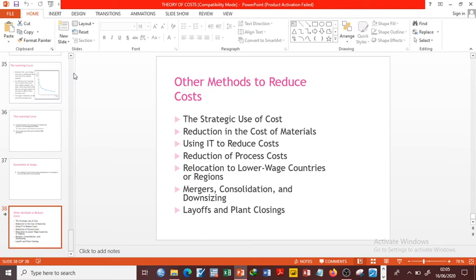Then mergers, consolidation, and downsizing. Mergers would be, for example, two firms coming together, and these two firms coming together will reduce the costs. I can give a good example here in Uganda, where we had Warid Telecom merging with Zain, right? And this led to a reduction of costs. Why?